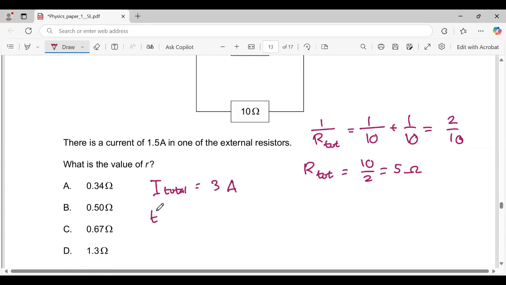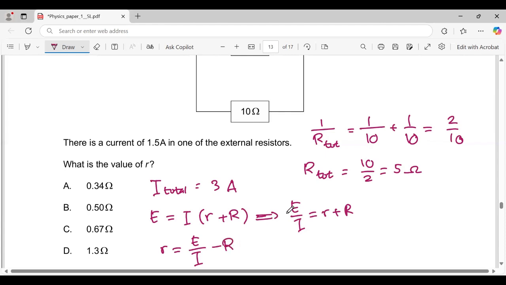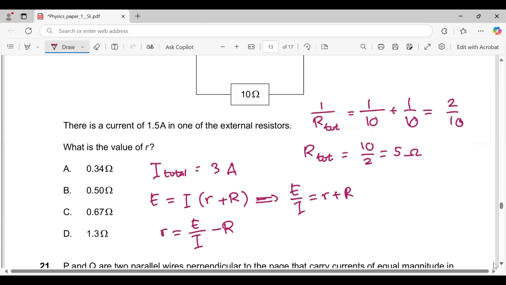So it means the EMF, based on the formula, equals current times internal resistance plus total resistance. I will rearrange this formula to become E over I equals R plus R. The internal resistance equals E over I minus the external resistance, and the answer.